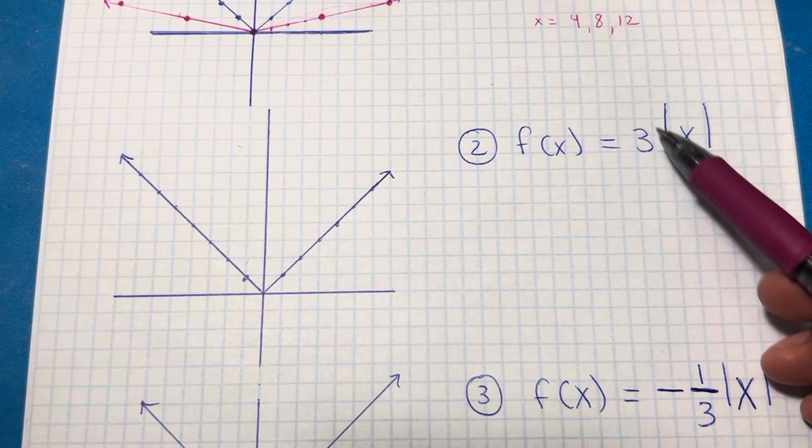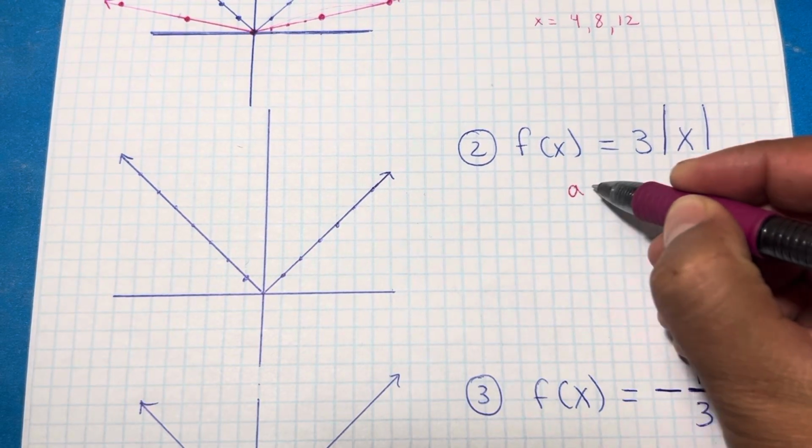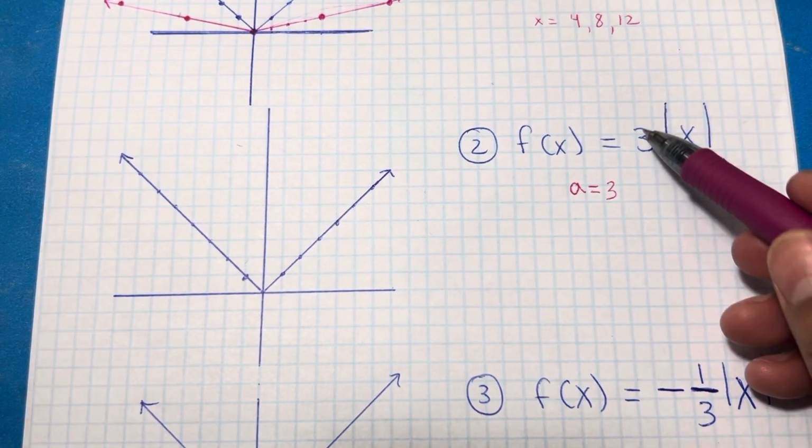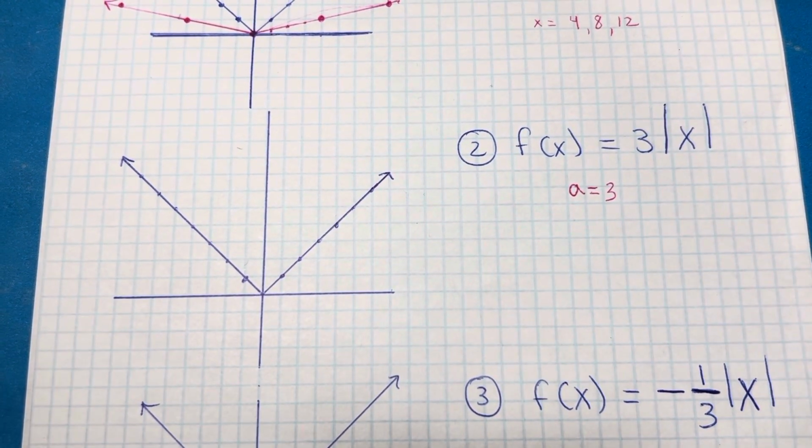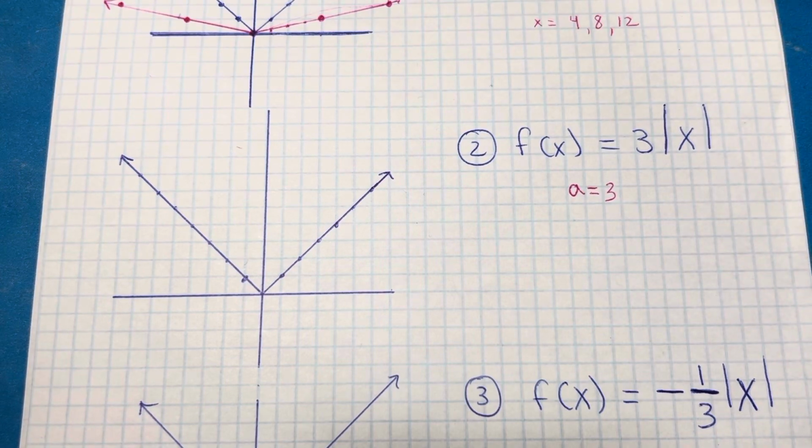For the next one, a is 3. Remember that we're multiplying. On the other one it was multiplied by the numerator and divided by the denominator.